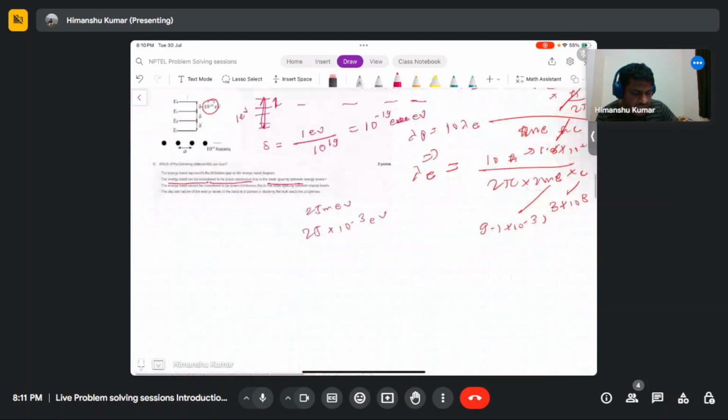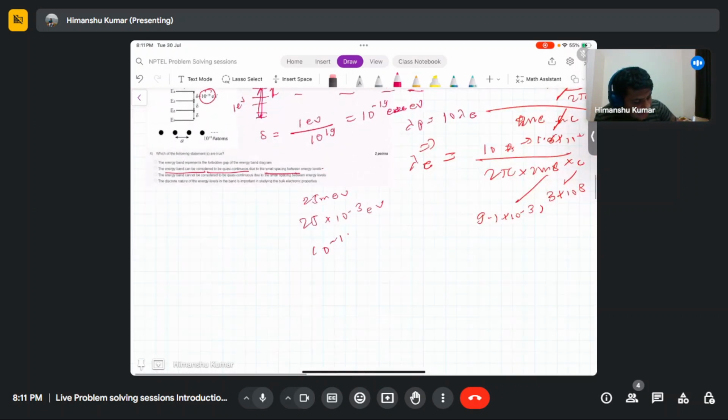That is a difference of order 10 to the power 15. With this energy scale, the thermal energy is enough to have a uniform distribution among these many levels, so you can assume the electrons form a quasi-continuous band.